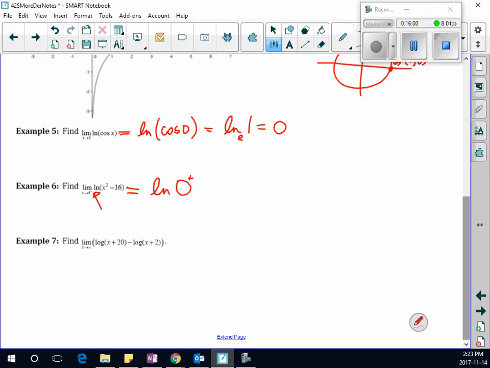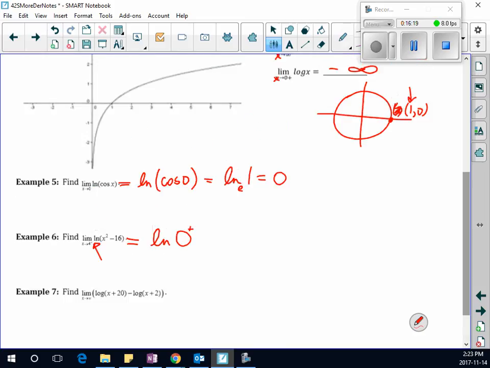So 4 plus means something a little bit bigger than 4. If I square this and then subtract 16, I'm going to get something a little bit bigger than 0. So that's where I'm saying the 0 plus. Because I can't actually find the limit of ln of 0, look at my graph, it never actually touches where x is 0. So what is the actual answer here then? Negative infinity. Everybody says 0, but negative. On the right-hand side, it's going down, right? I love how that just works.